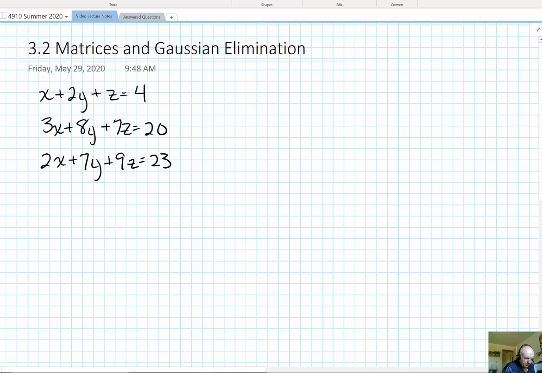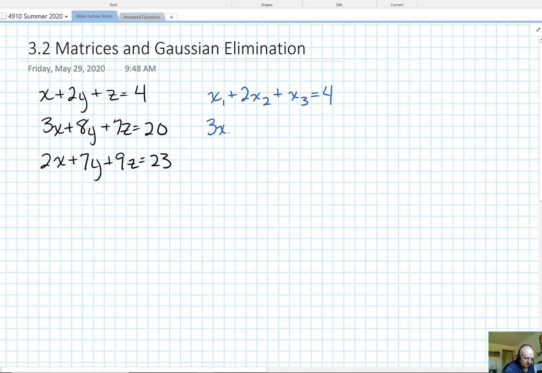We're used to seeing x's, y's, and z's, right? But in general, the way we'll write a system from here on out is like this. So instead of x's, y's, and z's, we will have our variables, usually x's, with subscripts.